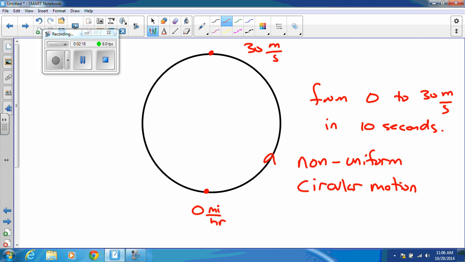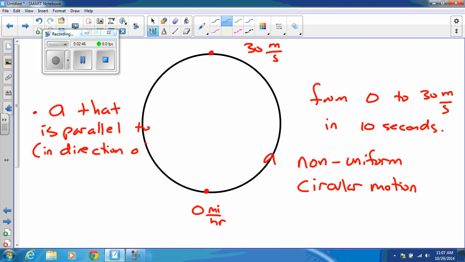The way that we're going to deal with it is to think of it like this. We are going to break the motion into two independent components. We're going to consider acceleration that is parallel to the direction of motion, or in other words, in the direction of the motion.